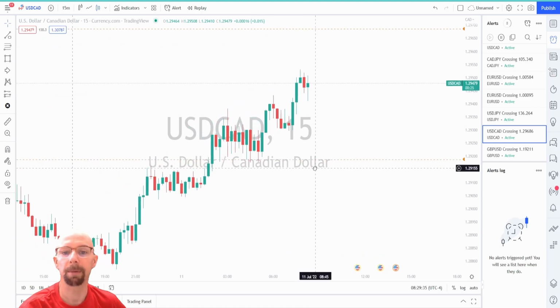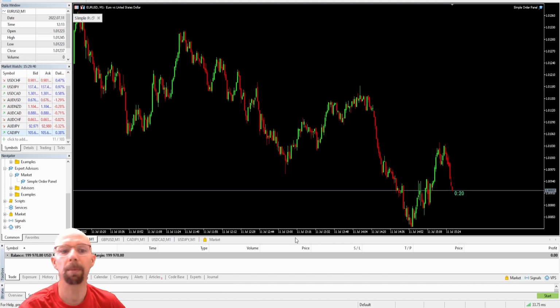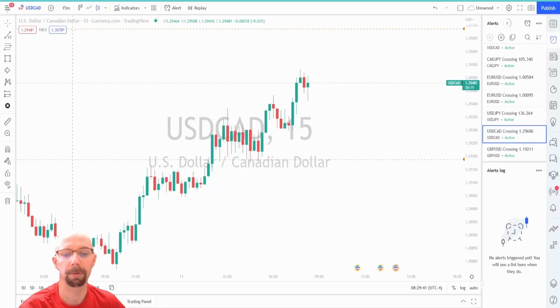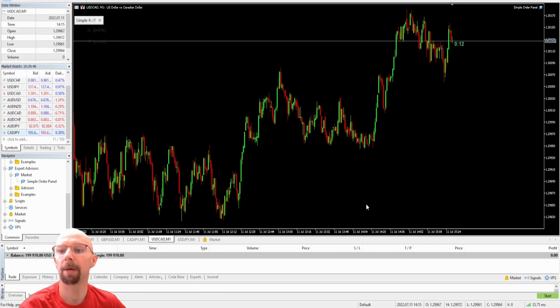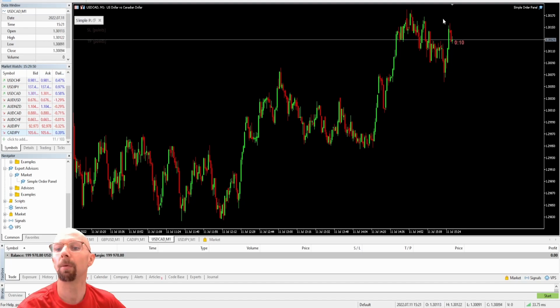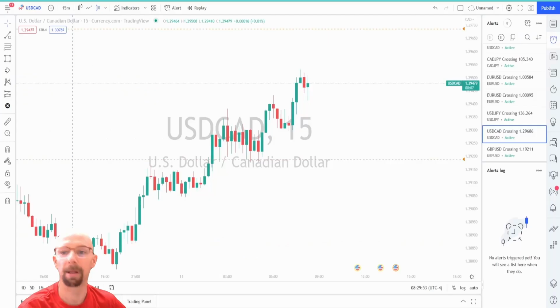And then when price comes into the area, I would drop down to the 1 minute. That's USD CAD. So you drop down to the 1 minute, and then you'd watch for your candle pattern.